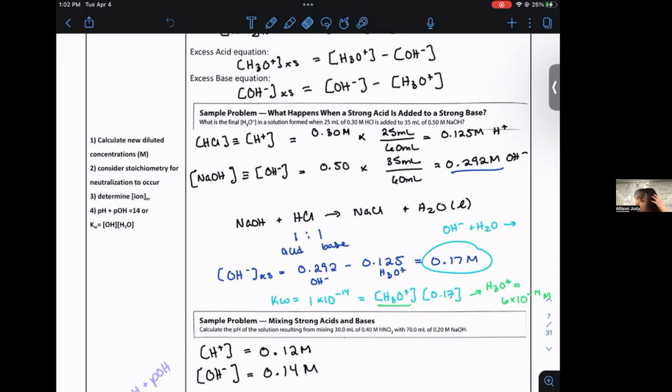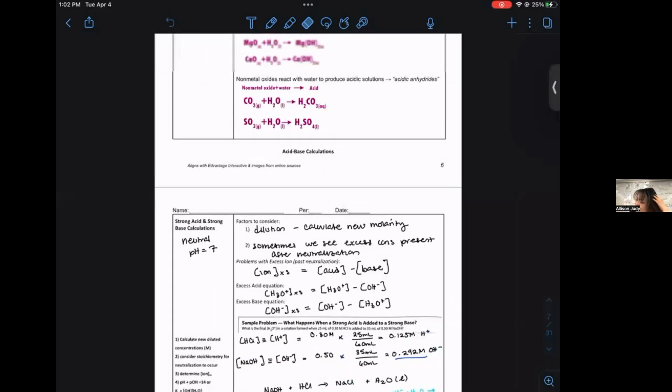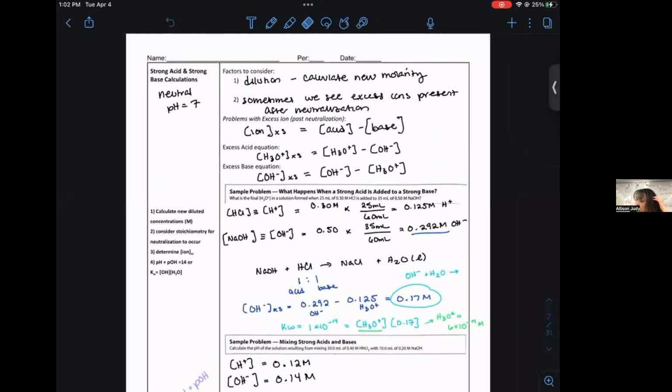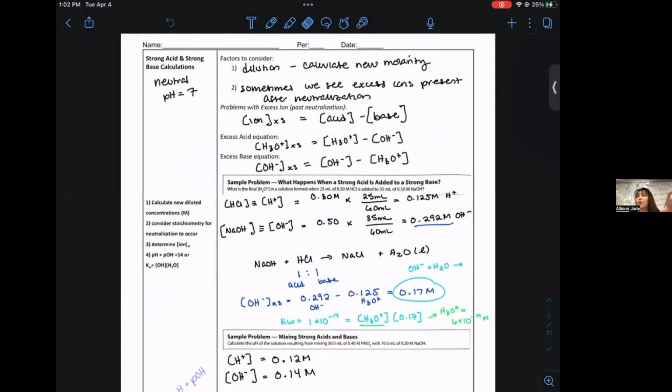The calculations that we went through were pretty straightforward in terms of the individual parts, right? But we dealt with a particular problem of excess ion. With strong acid, strong base, neutralization always occurs when your moles of acid stoichiometrically equal your moles of base. And for a strong acid, strong base, that's when pH equals 7, because oftentimes a strong acid, strong base is monoprotic. Often, not always.